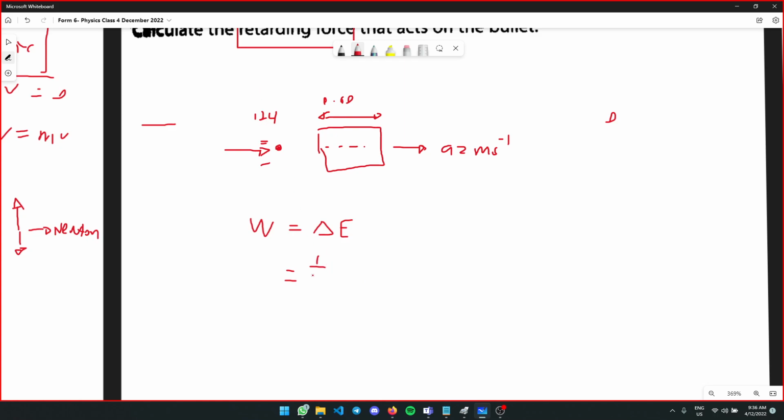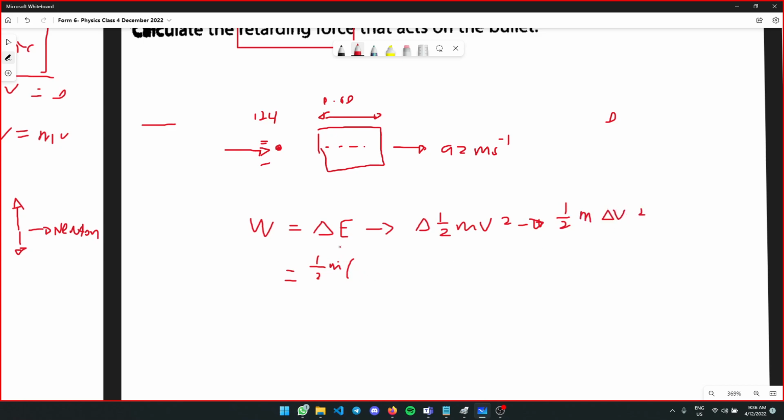The energy formula is 1 over 2 mv squared. Since there's a change in velocity, I can write delta 1 over 2 mv squared. The mass is constant, but velocity changes.